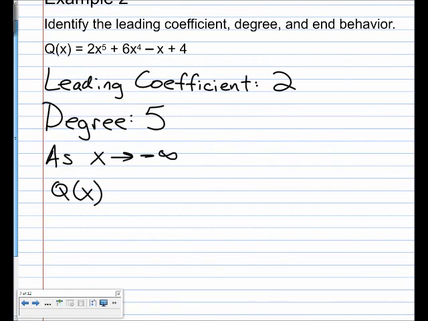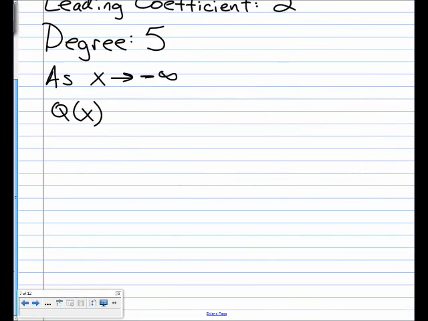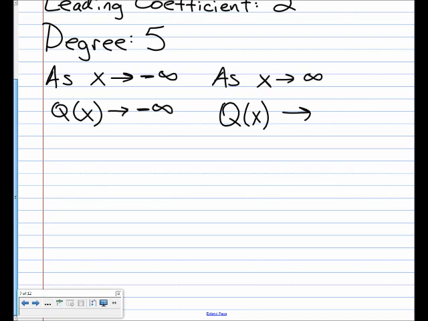That's why I wrote q of x, not p of x. It approaches negative infinity as well. Let's move to the right. As x approaches infinity, so that's to the right, where is my function going? Up. And so how would I write that? Approaching positive infinity.